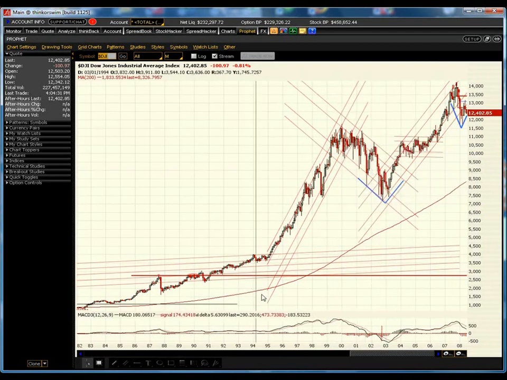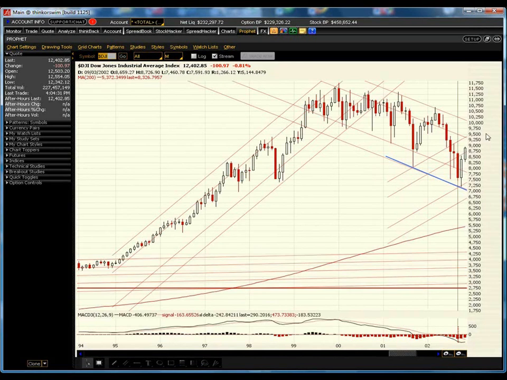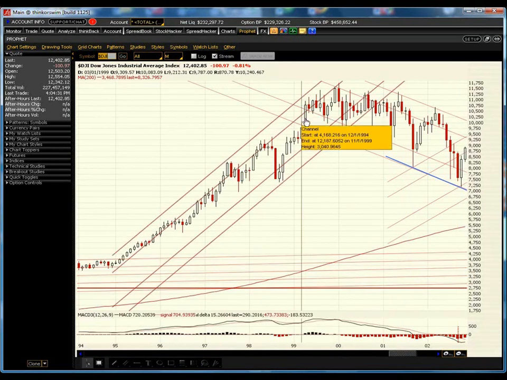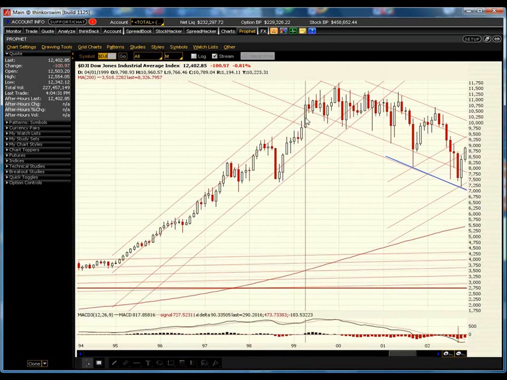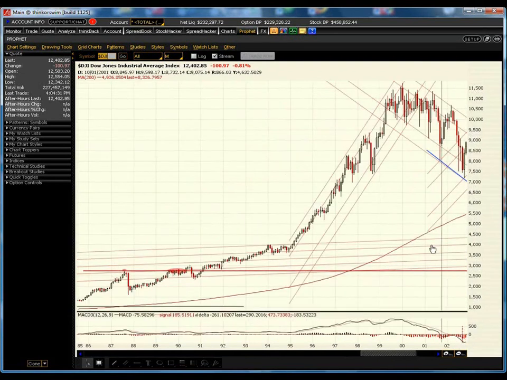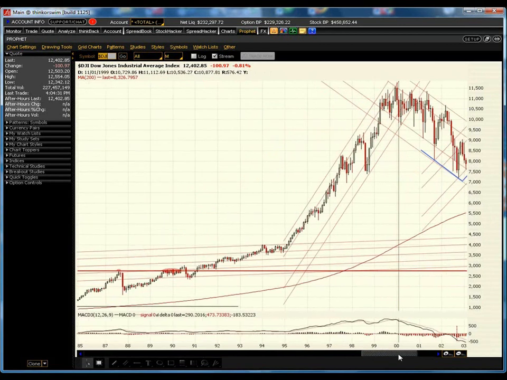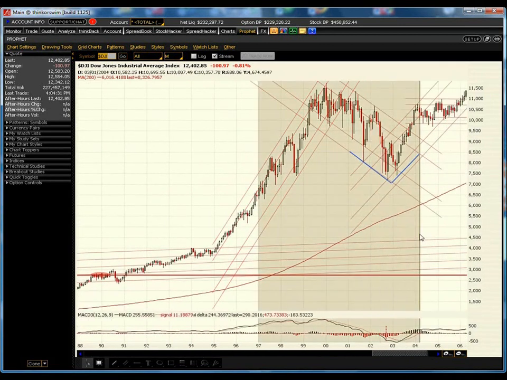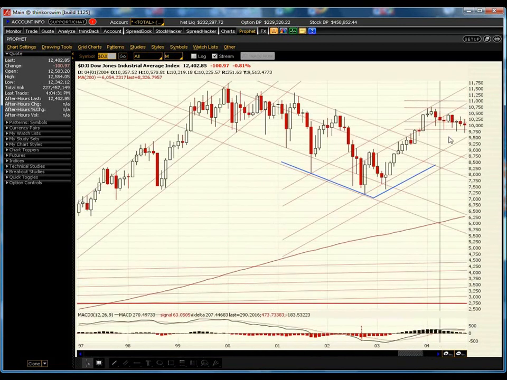I'm not sure, but I know a lot of people were talking about the 10,000 level as a resistance level, that they were afraid the market was going to sell off dramatically. When it didn't happen, I just want to focus in on this area here. When it came up to 10,000 and it didn't sell off, it actually blasted through there.